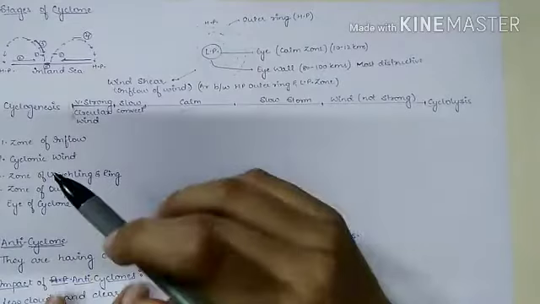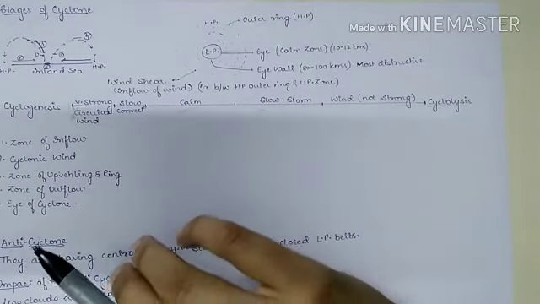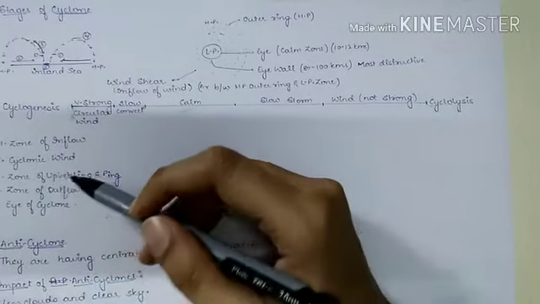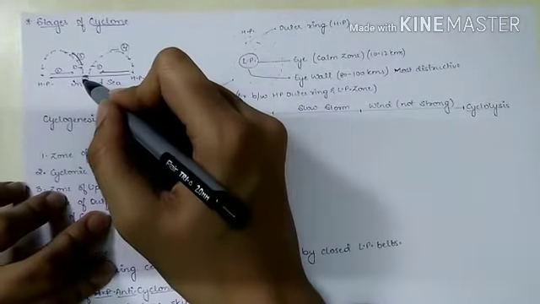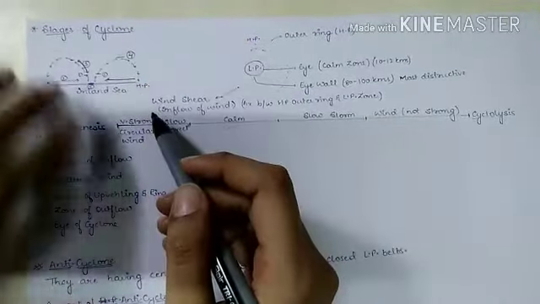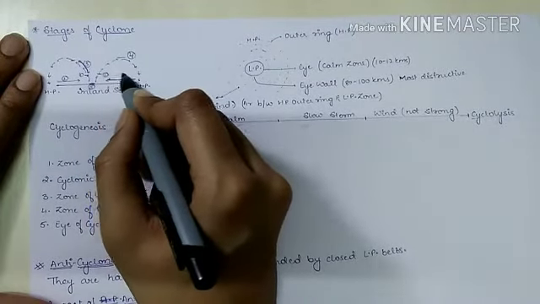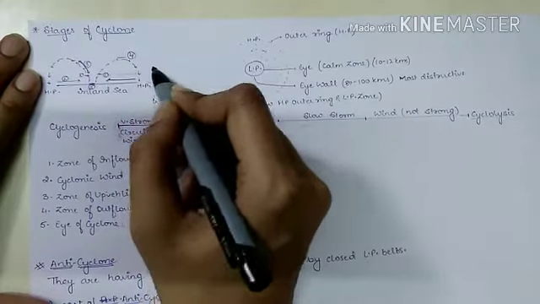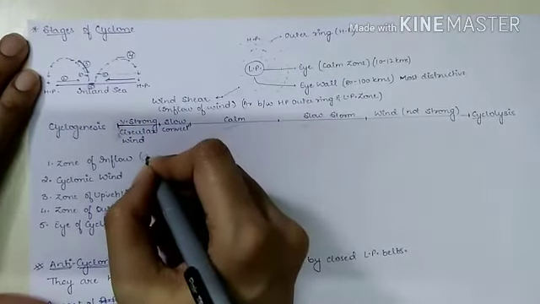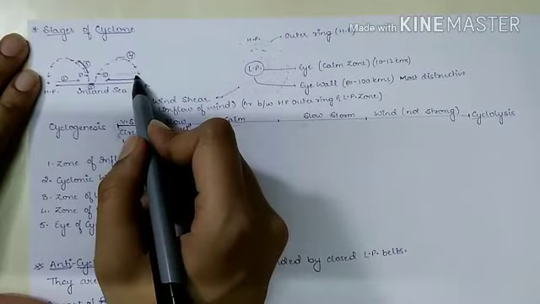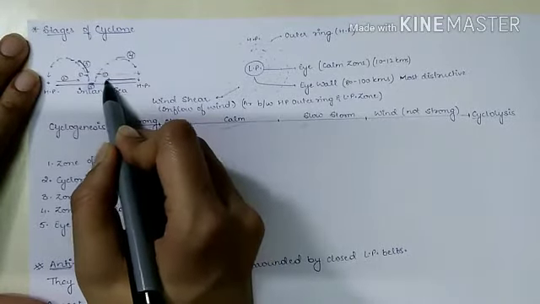Okay, now we will look into the vertical and horizontal components of cyclones. So the vertical component of cyclone, this is the vertical component of cyclone. So here, this is the zone of inflow. This zone of inflow ranges from 3 to 7 kilometers from the surface. So here the wind will come inside.